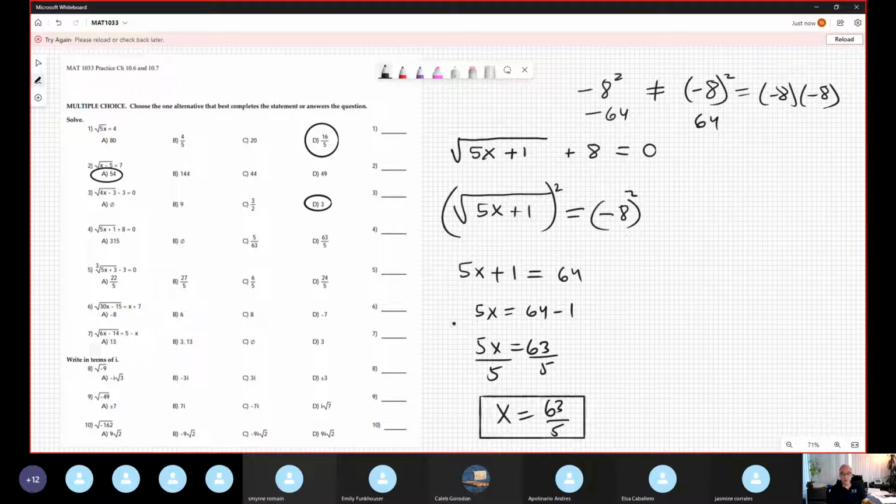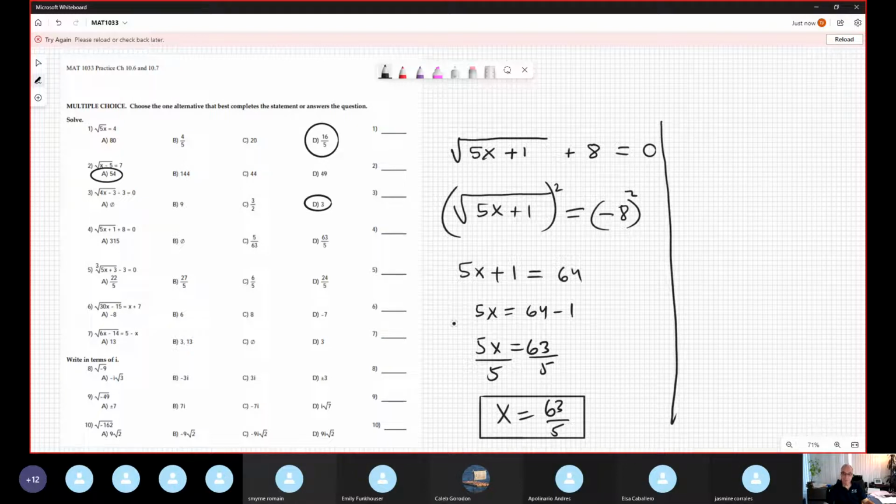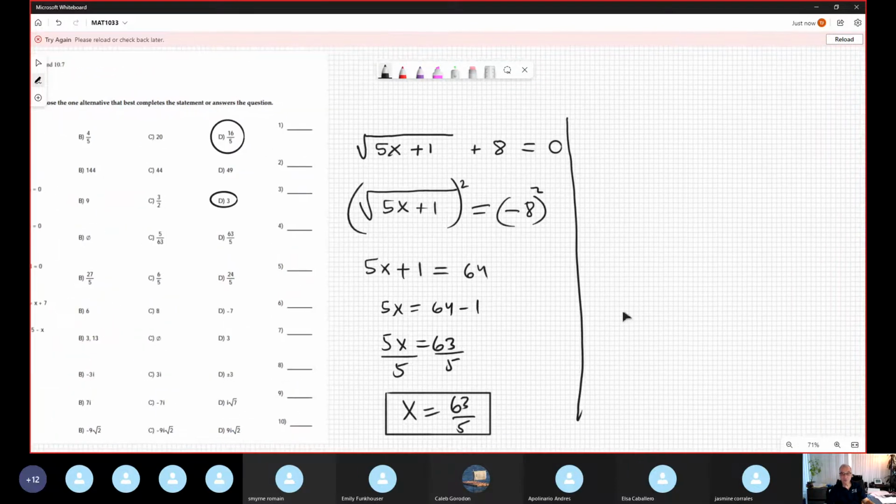Now I need to check. We erase that part because I suppose you know this very well. Okay, now I check it. I need to prove somehow. The square root of 5 times this number, 63 over 5, plus 1, plus 8 outside, is 0.